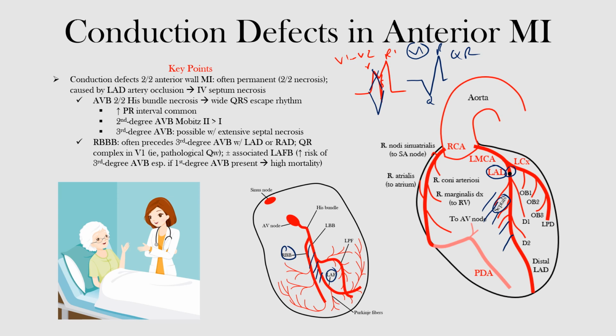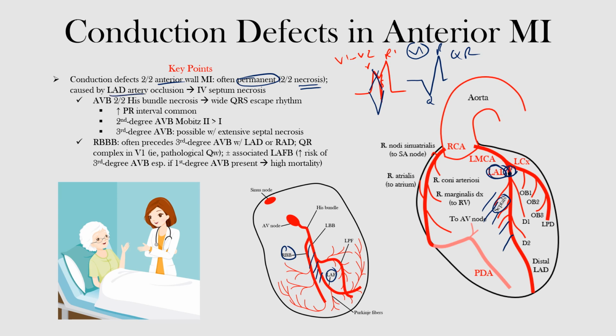All right, let's review what we discussed before we end here. So conduction defects in the setting of an anterior wall MI are often permanent. This was different from the inferior ones that tend to be more transient, resolving within 1 week, and that's because there's necrosis. So this is an irreversible mechanism, and because of that, they tend to be permanent defects. It's caused by left anterior descending artery occlusion. Here's our LAD.